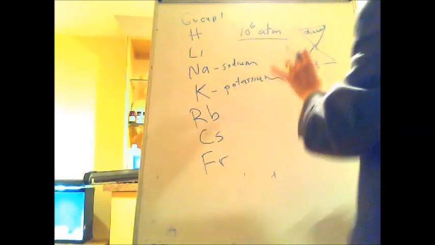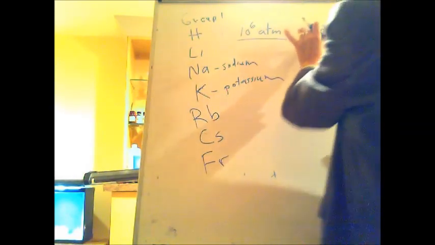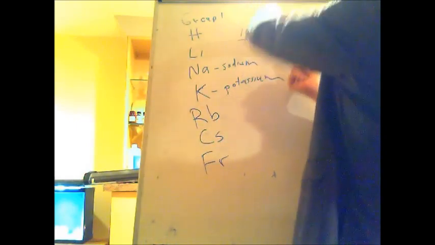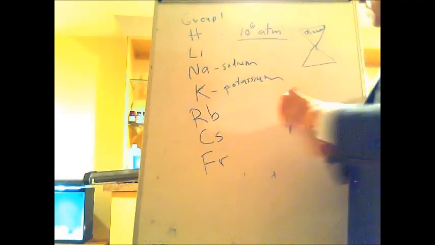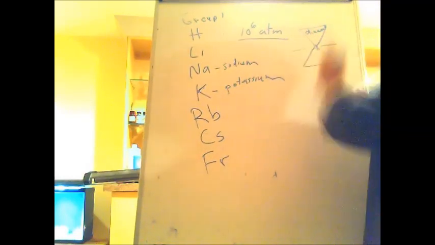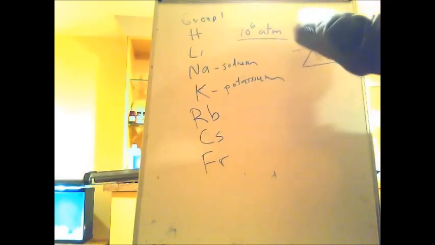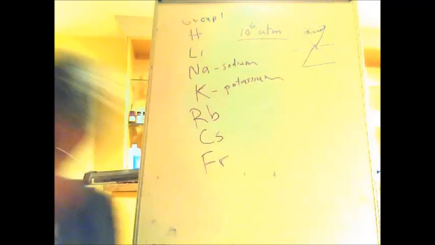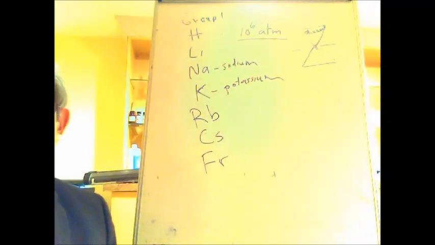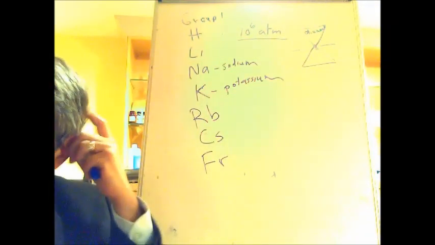So you have these relatively pointy diamond anvils, 2 of them pressing against one another, and you get tremendous pressures at this point. It's possible to look through here and see what you've got, and that's where they've observed the formation of hydrogen metal. That's not in your book, but it is a fact.